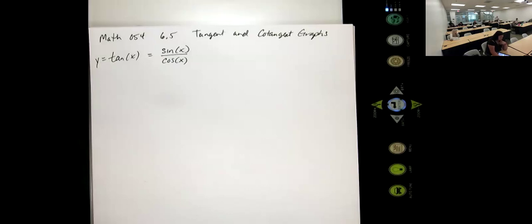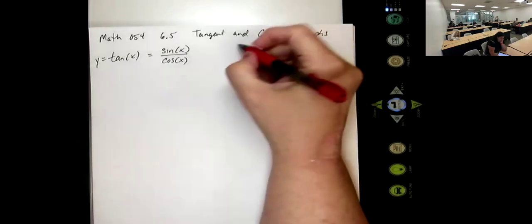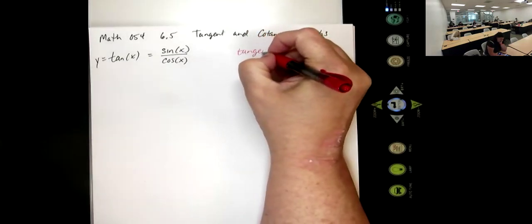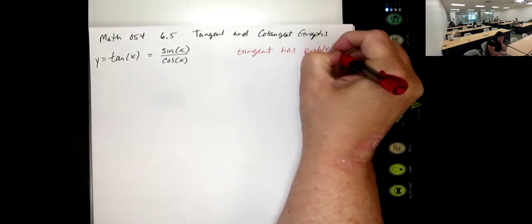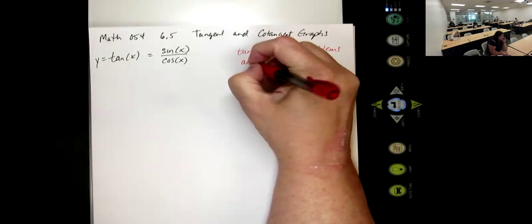Which means tangent x has issues. There's problems anywhere cosine equals 0.